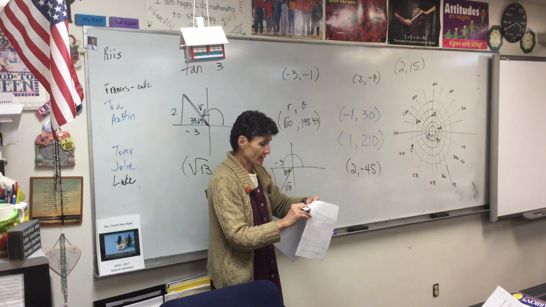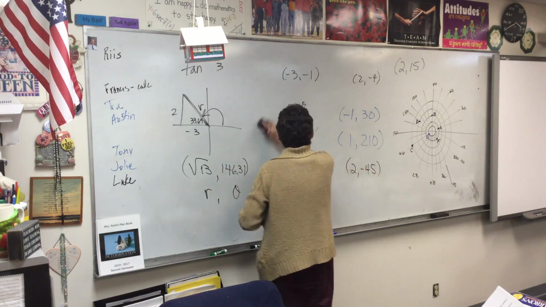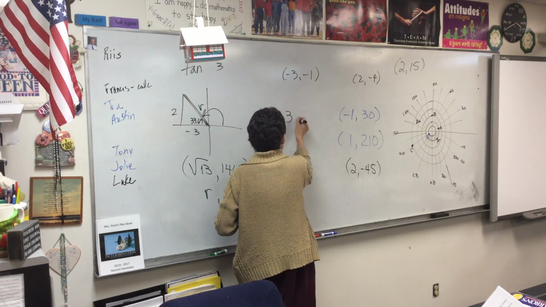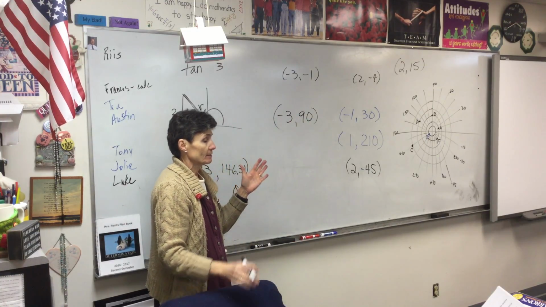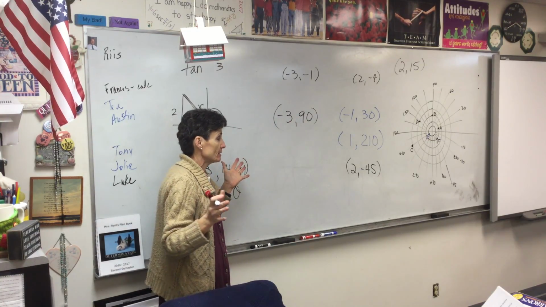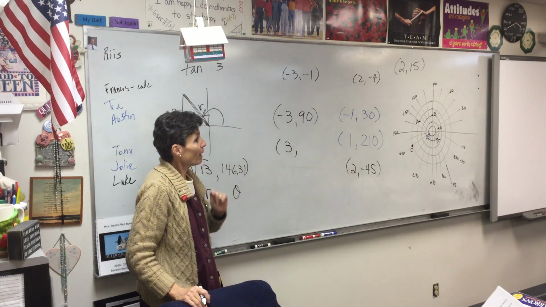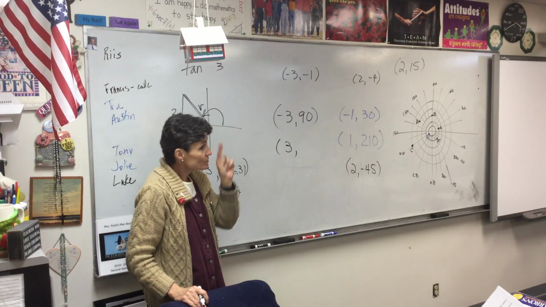G, what's that angle, 90? This is a problem. G is a problem, because in G, the radius is negative. What did I tell you about that? You can't have it. So I gotta make that radius positive. But where will I plot my point then? Not at 90, 270.